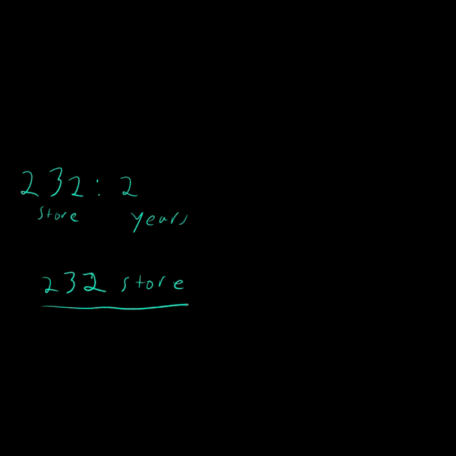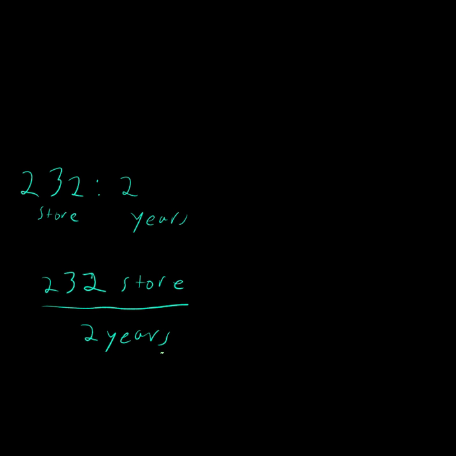So we know that in 2 years, we have 232 retail stores to 2 years. So this would be stores to years. And so we know that we have 232 stores to 2 years.